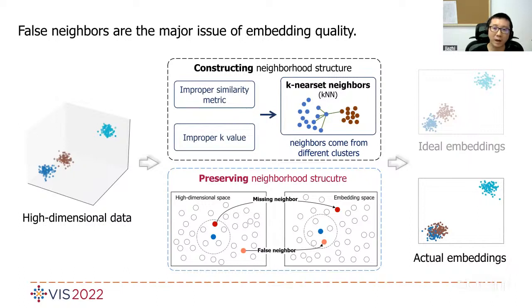First, in the high-dimensional space, when we construct the k-nearest neighbors, there will be false neighbors due to improper metrics or improper k-values. Second, in the embedding process, false neighbors may occur because of the embedding algorithm.